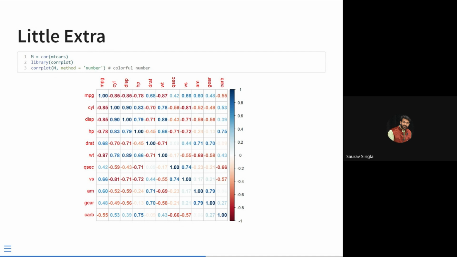So in this, the smaller values are lightened so that the darker values are more visible and we can focus on the important correlations. That's how this graph is more helpful than the previous one.